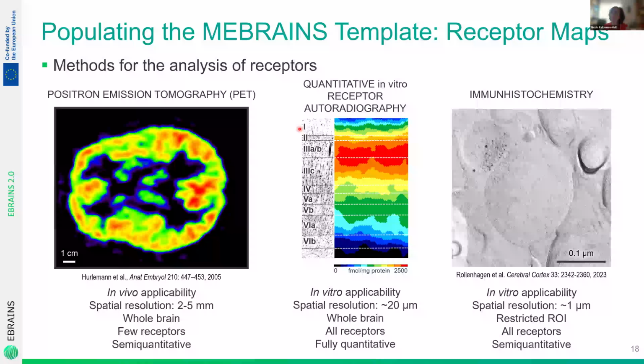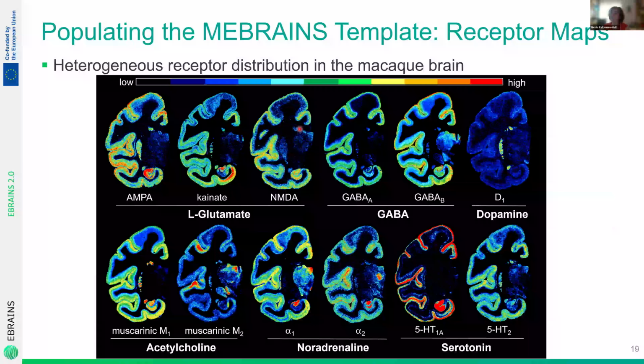And the kind of data that we bring into MEBRAINS is stuff like the images that you can see here. These are coronal sections through a macaque hemisphere. These are so-called receptor autoradiographs showing the distribution of 12 different receptor types from different neurotransmitter systems, okay?